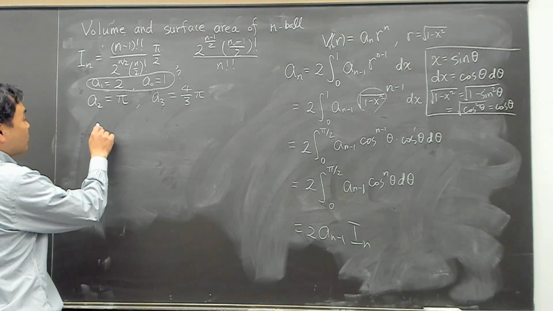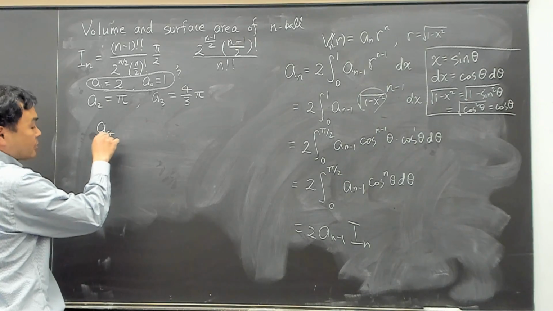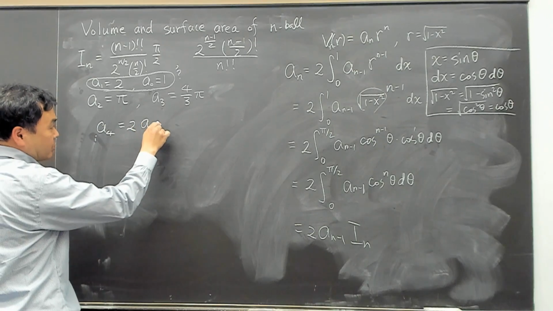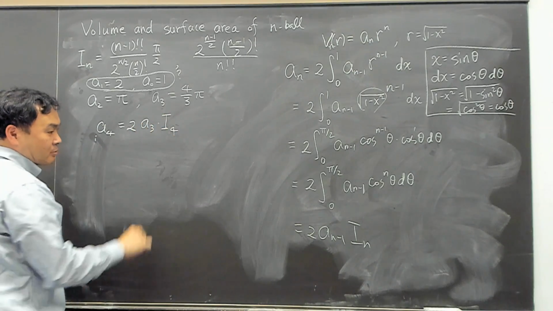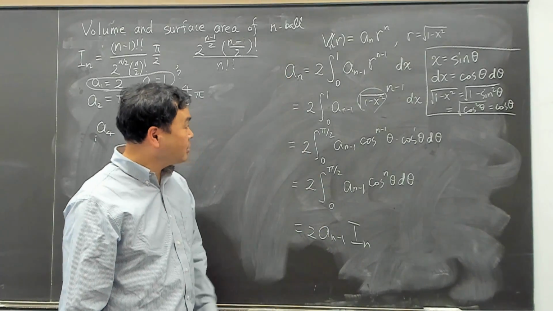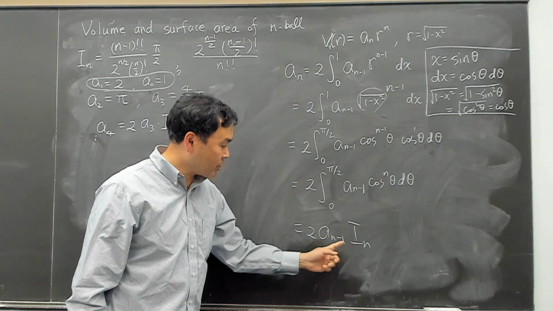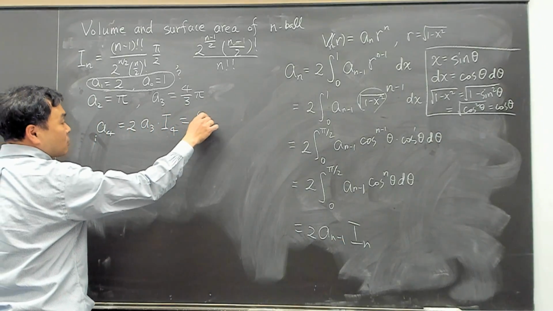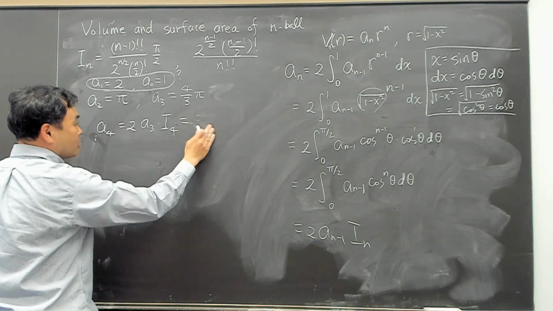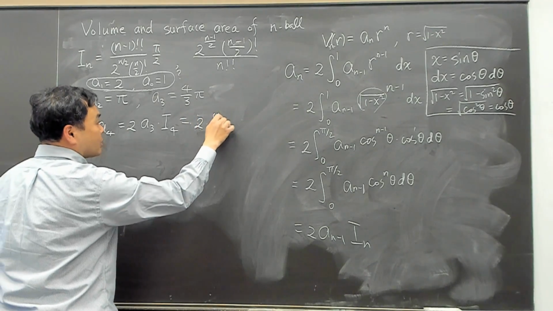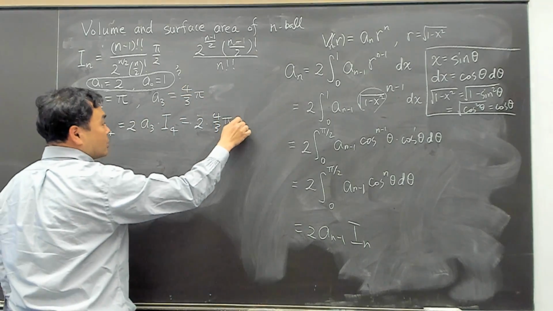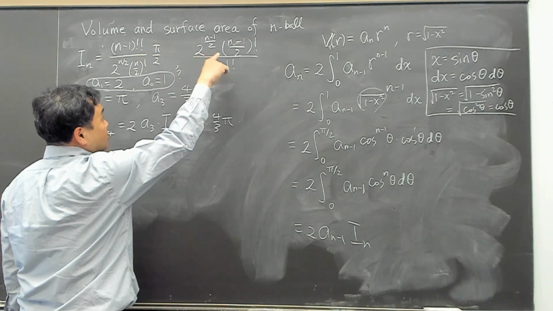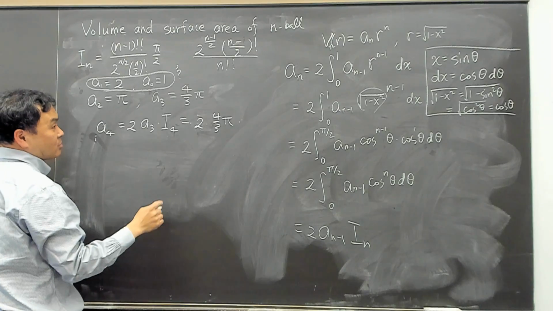So if I want A4, then it's going to be twice A3 times I sub 4, because I know that this is this, and then n is 4, so I put 4 here, 4 minus 1 is 3. And then it says here it's 2 times 4 over 3 pi, because that's A3. And what about I4? Well, this is the case when it's even, this is the case when it's odd, so the even case is what we need.